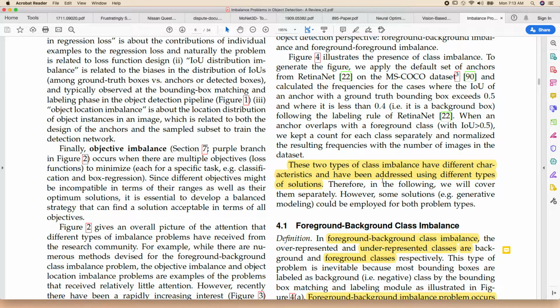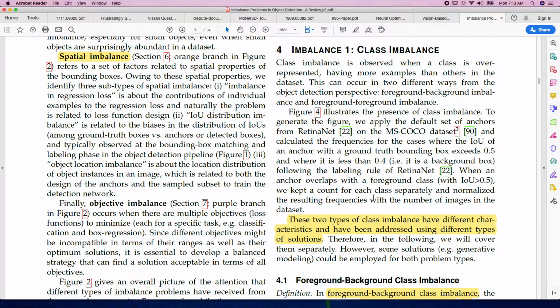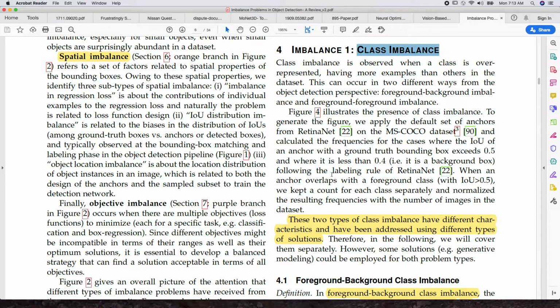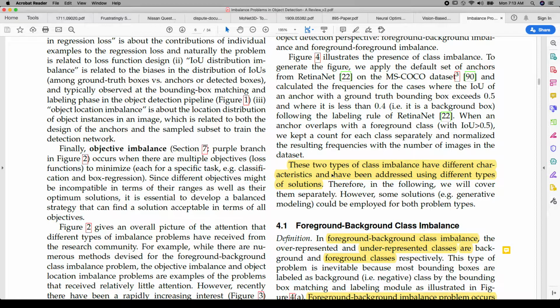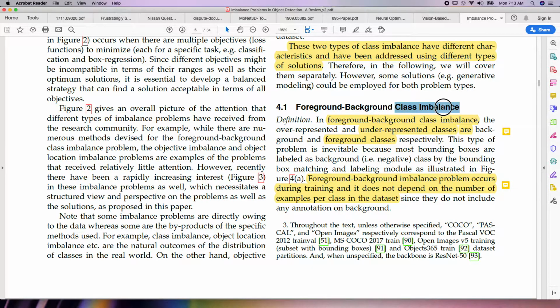These types of imbalance have been addressed using different types of solutions. So we're talking about the first imbalance problem, number one, class imbalance. They are trying to look at that problem and see the solutions that have been provided in research works. Like I mentioned, we have the foreground-background class imbalance.